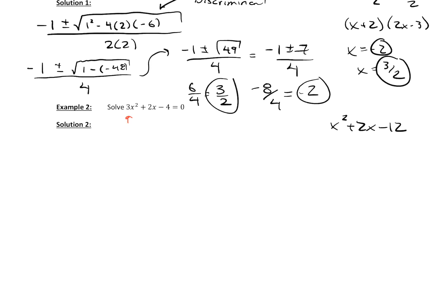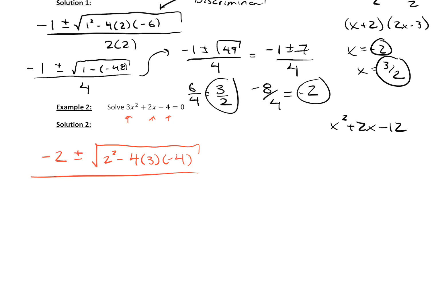A, B, C. So negative b, so negative 2, plus or minus the square root of b squared minus 4 times a times c all over 2 times a. Negative 2, and when you get good at this, you don't need to show as many steps, but I'm going to show you.